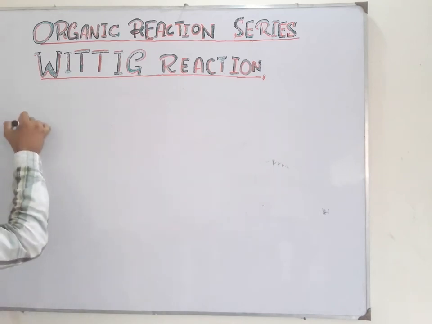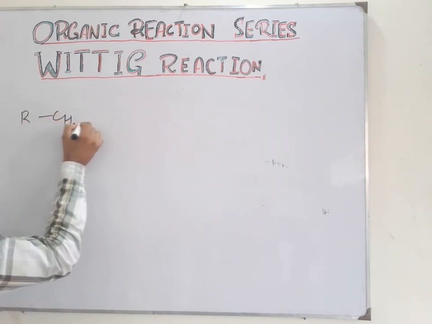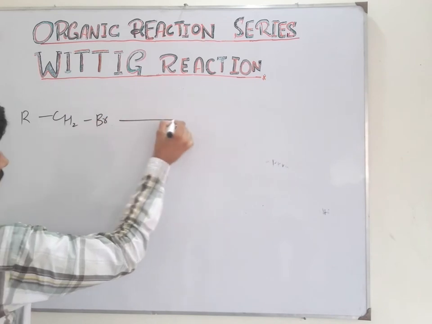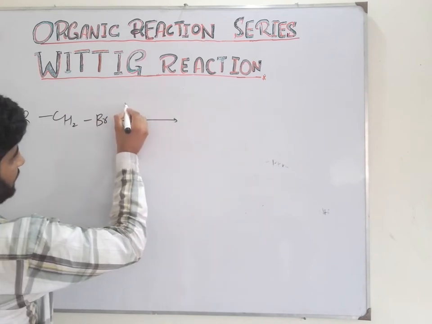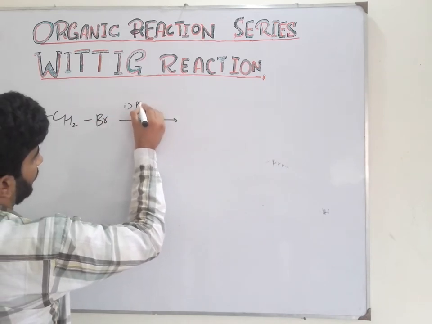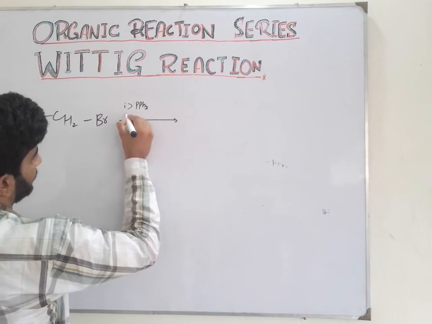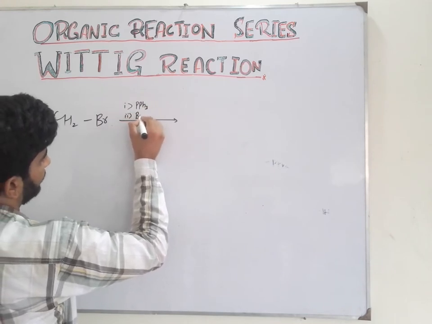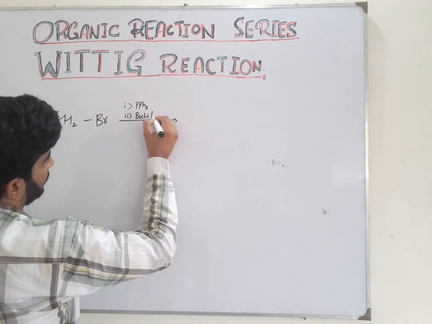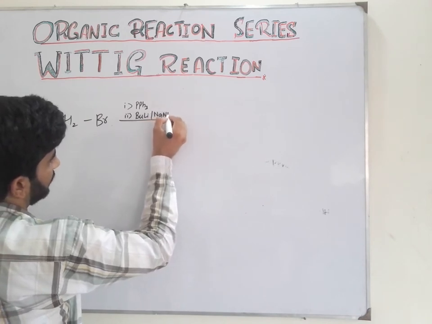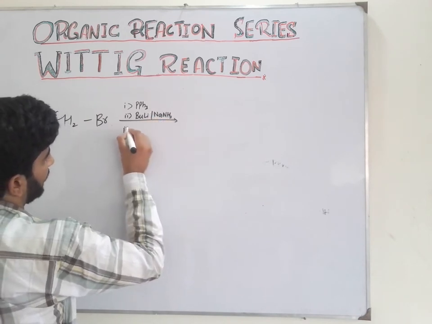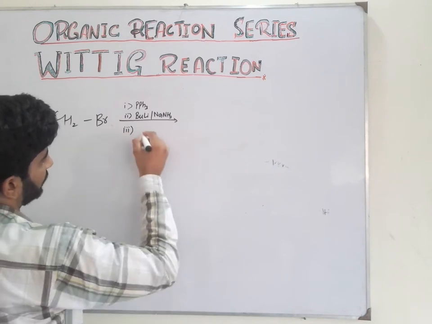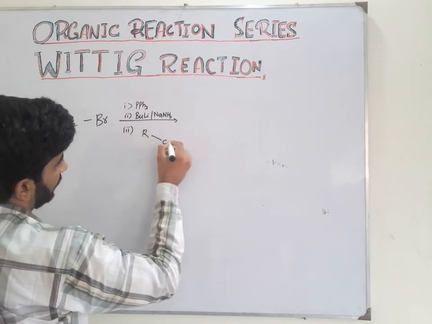So we have a 1 degree alkyl halide. Our first reagent is triphenyl phosphine. Then we add a strong base like butyl lithium or sodium amide, and then we add an aldehyde or a ketone. Here I add a ketone.